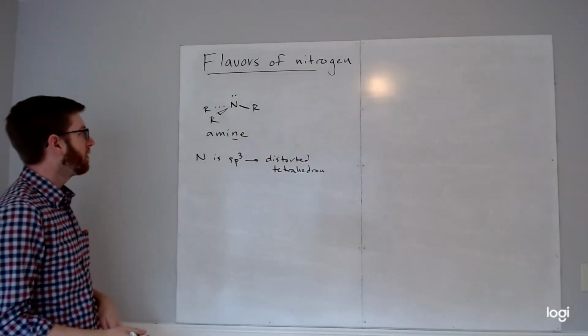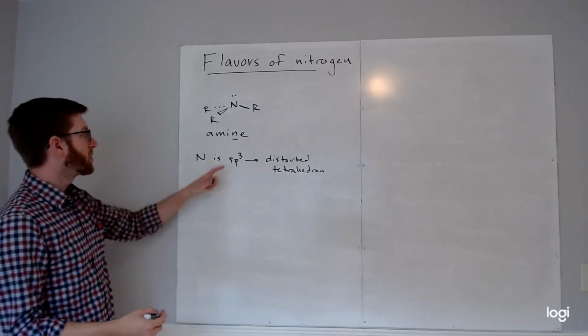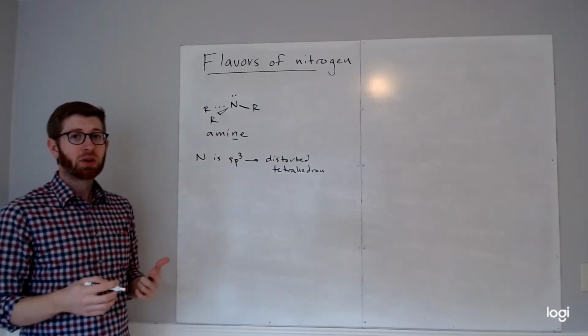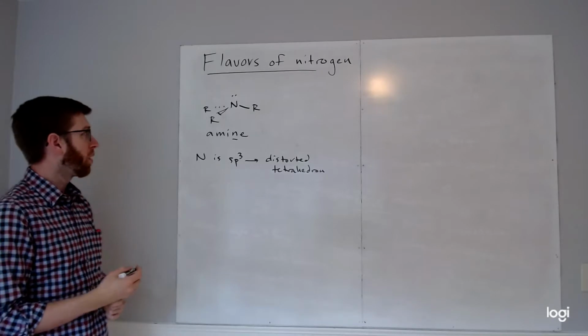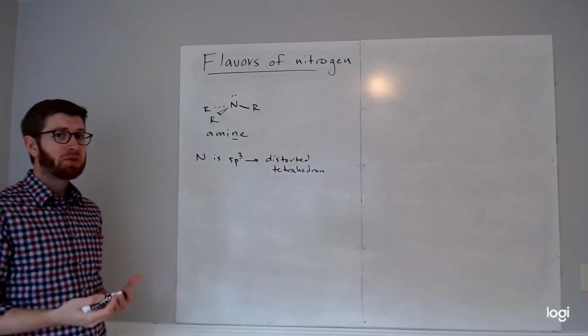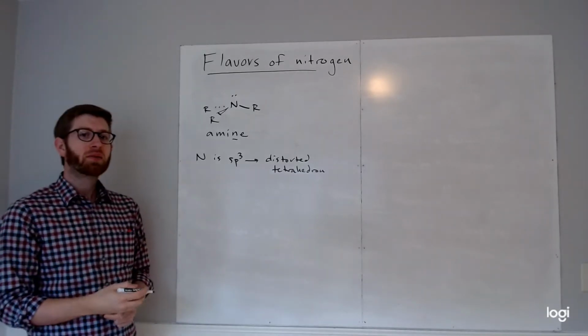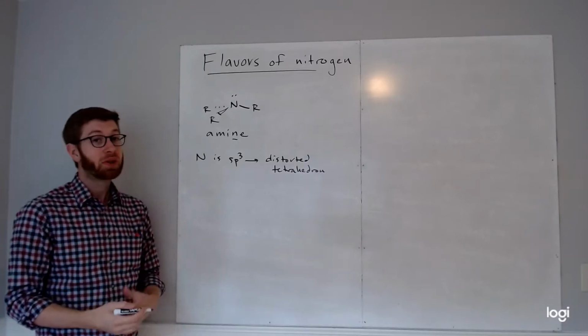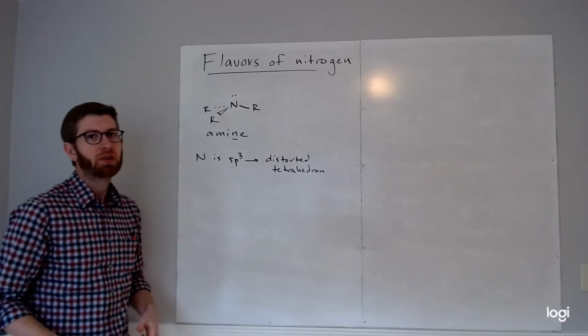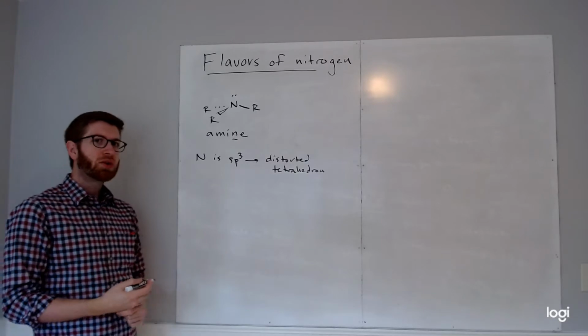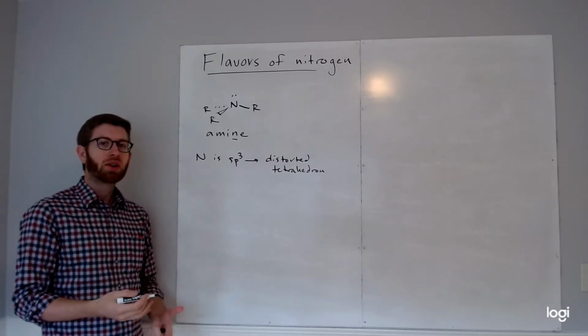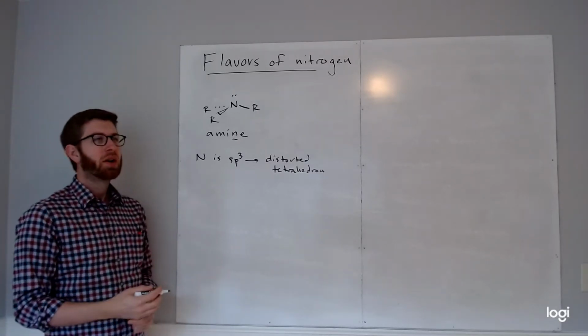So we can have a variety of different kinds of groups attached to the nitrogen. Those R groups could be alkyls or other kinds of carbon groups, or they can be hydrogens. If we make R's other kinds of what are called heteroatoms, so for instance an oxygen or another nitrogen or a chlorine, we actually start changing the functional group so much in terms of its function that we give them different names.